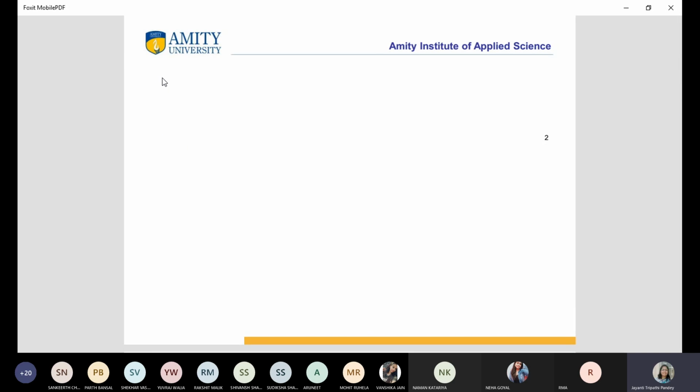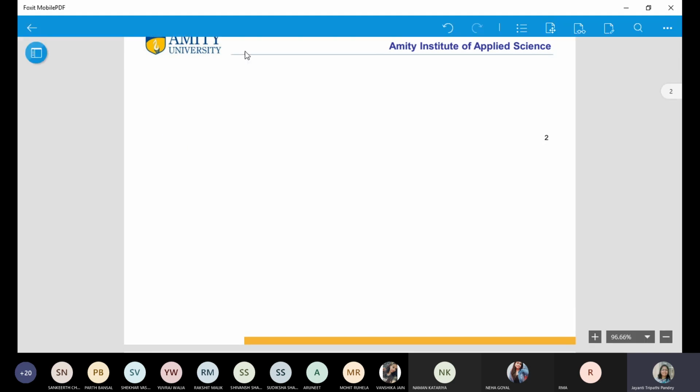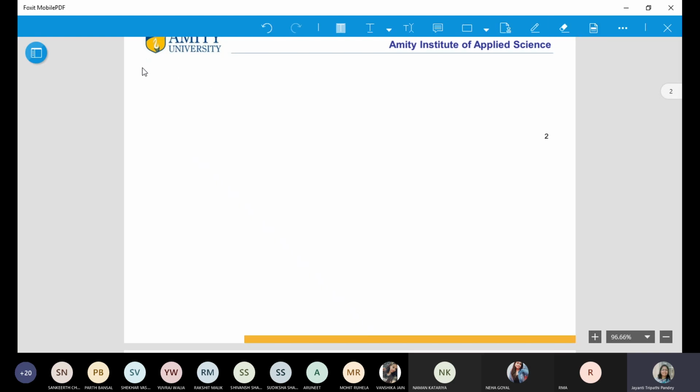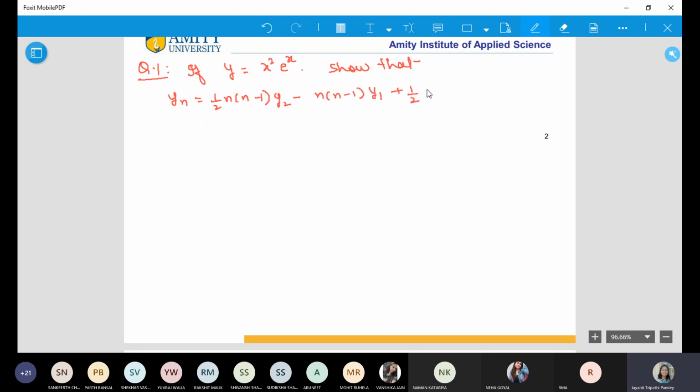If y is equal to x square e to the power x, show that y_n is equal to half n into n minus 1 y2 minus n into n minus 1 y1 plus half n minus 1 n minus 2 y.